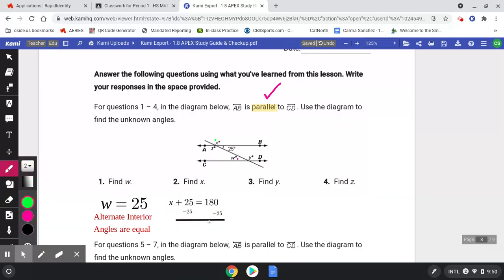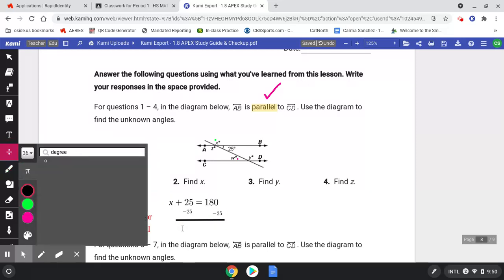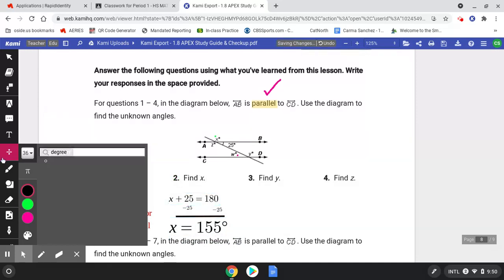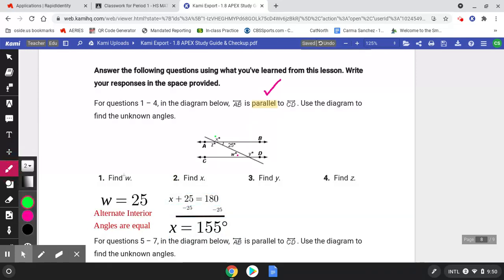And then 180 minus 25 on your calculator gives us 155 degrees. Okay, and then the reason for this one that we put is linear pair.